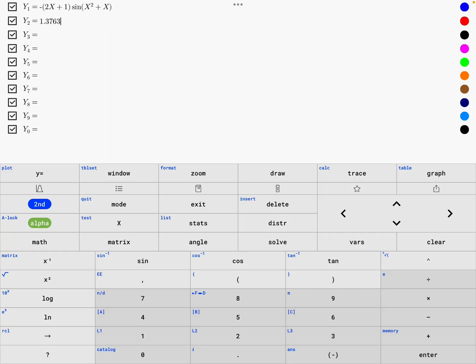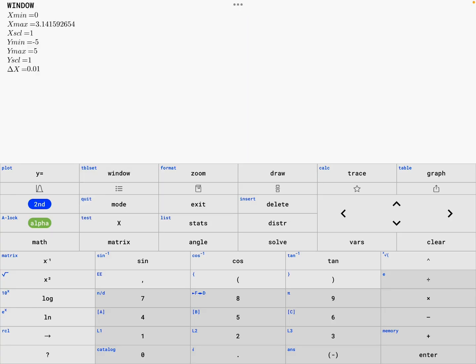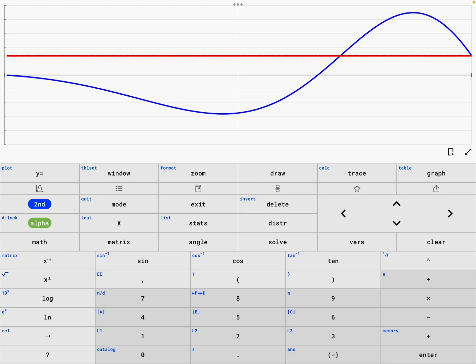I'm going to put in a couple more decimals in there, 317. We're talking about the interval from 1 to 2, so that should be a good enough interval right there. Then I can see where they're equal to each other.